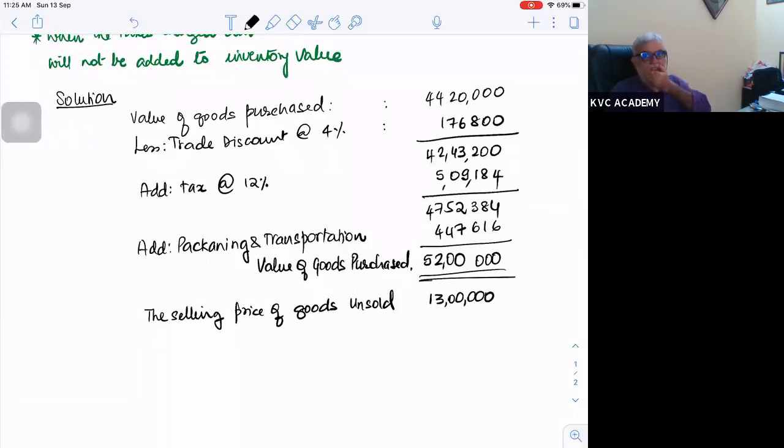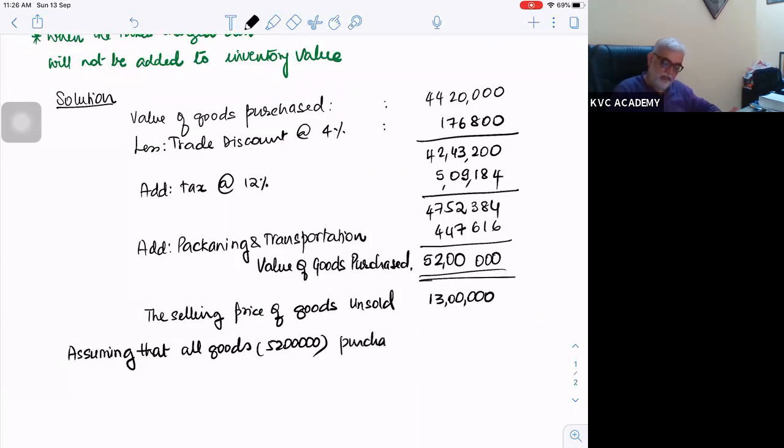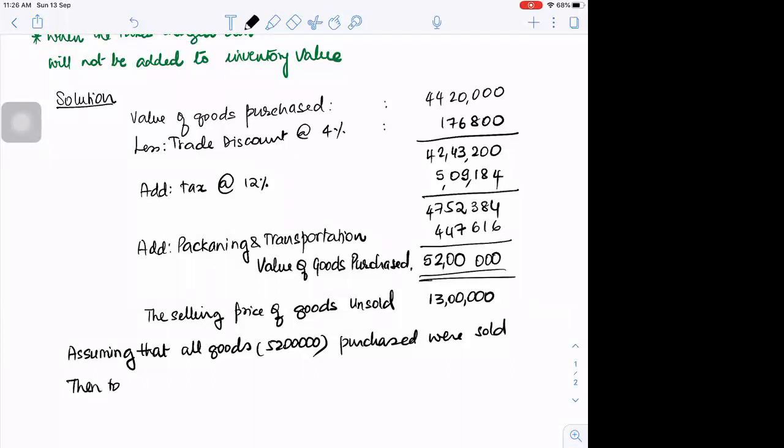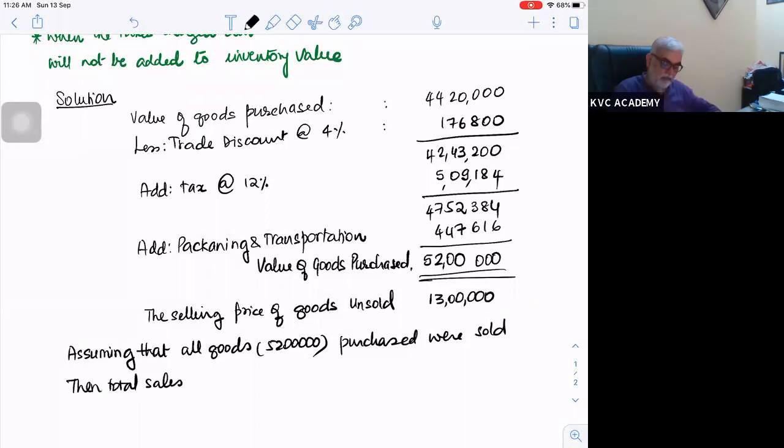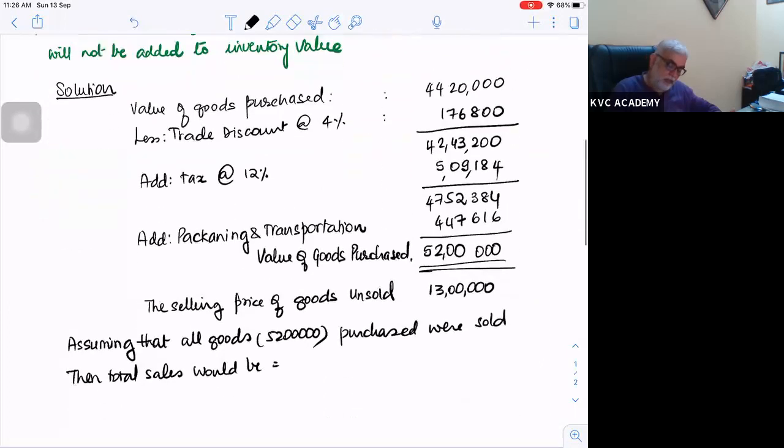Now, let us imagine, assuming that all goods, that is 52 lakh, purchased were sold. Then total sales would be how much? The sales which again is 54.